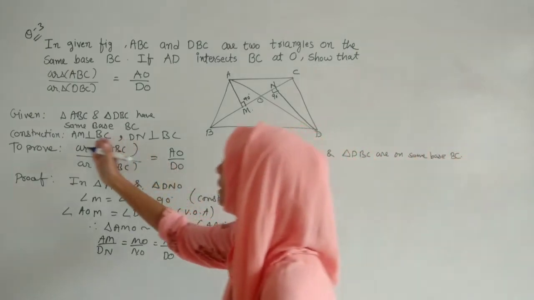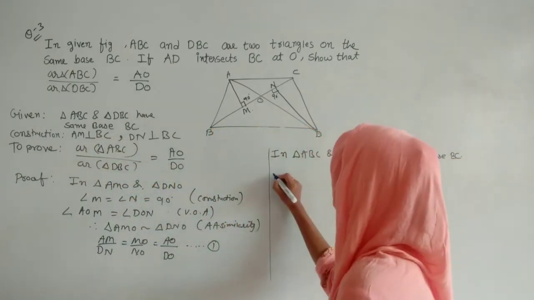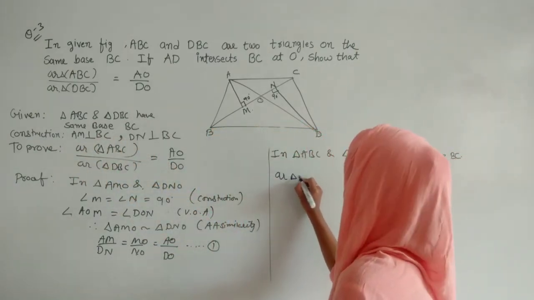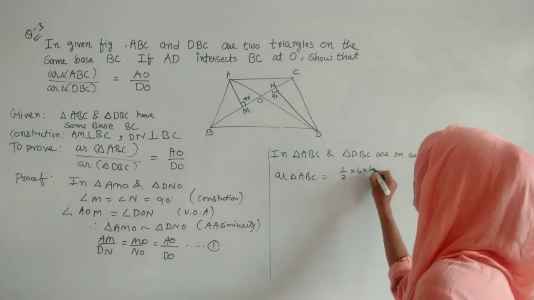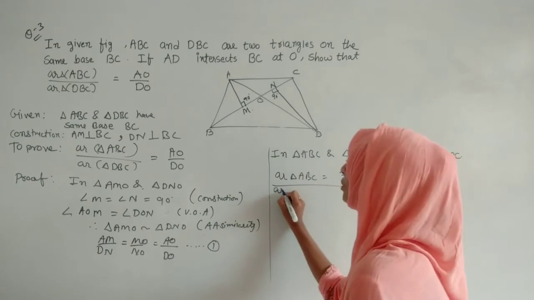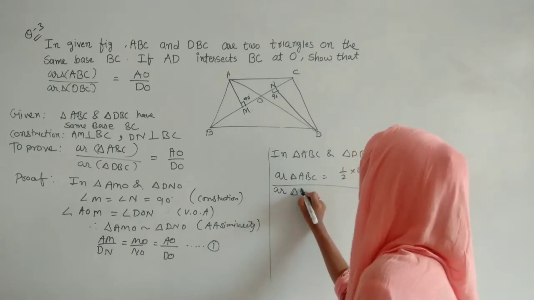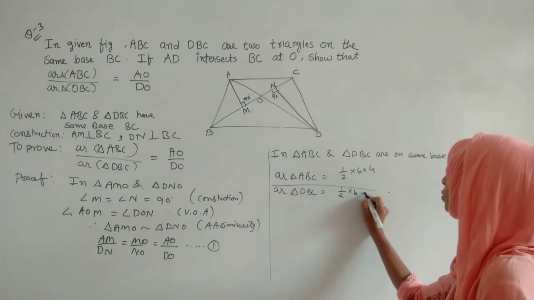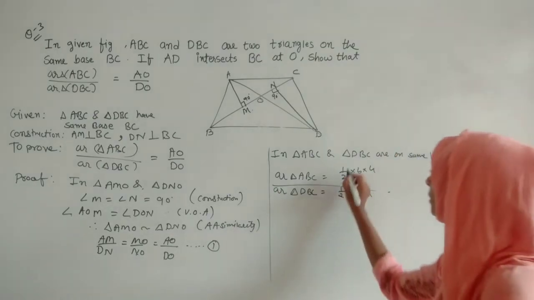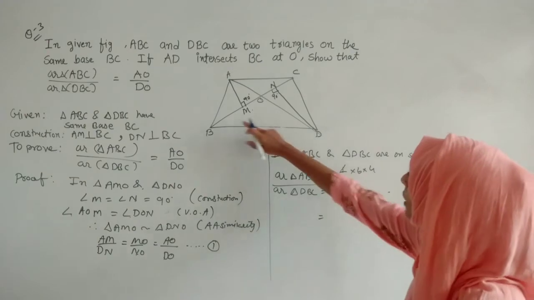Now here we need what? Area of a triangle. So let us write the area of triangle ABC, and that will be 1/2 into base into height. And the ratio of it, the area of triangle DBC, is also 1/2 into base into height. So here we will cancel the half. We want the base.